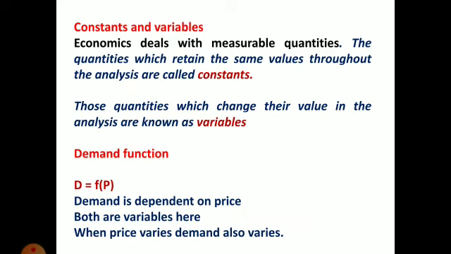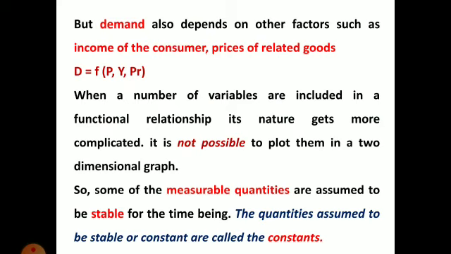I hope it is clear. When price varies, demand also varies. So we say both are variables. But remember, demand also depends on other factors such as income of the consumer, prices of related goods, and so on.